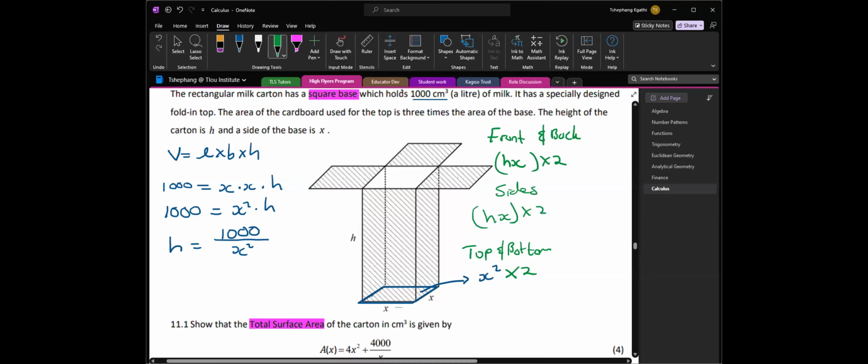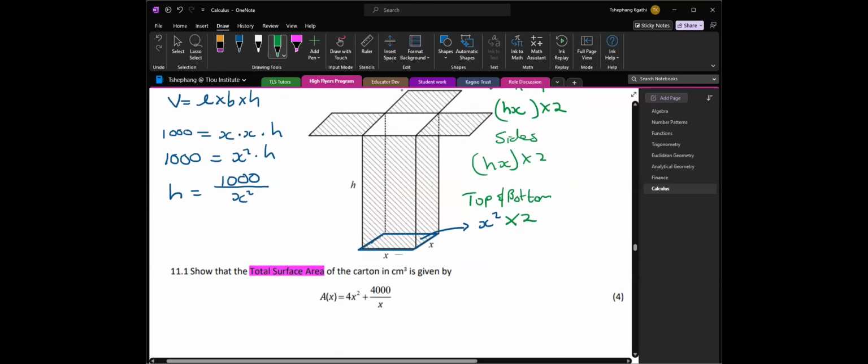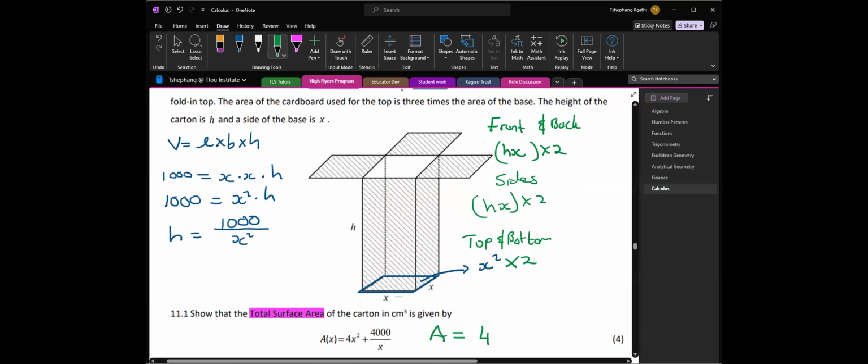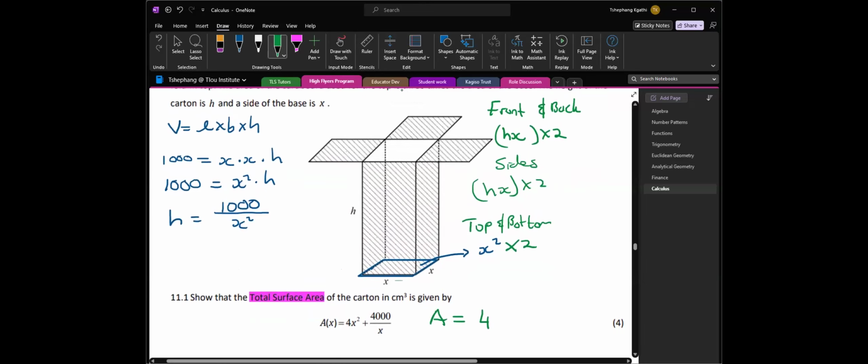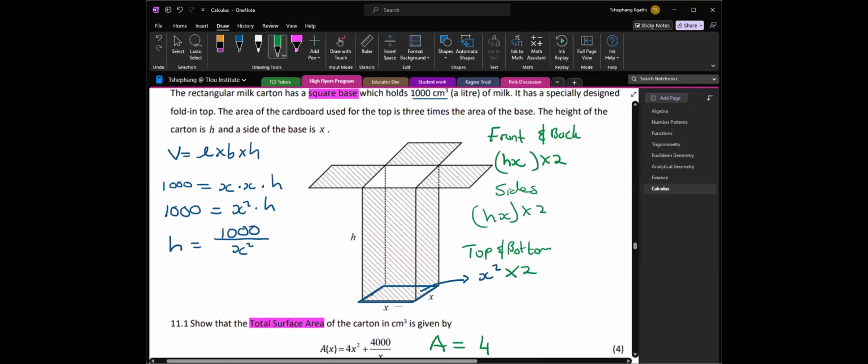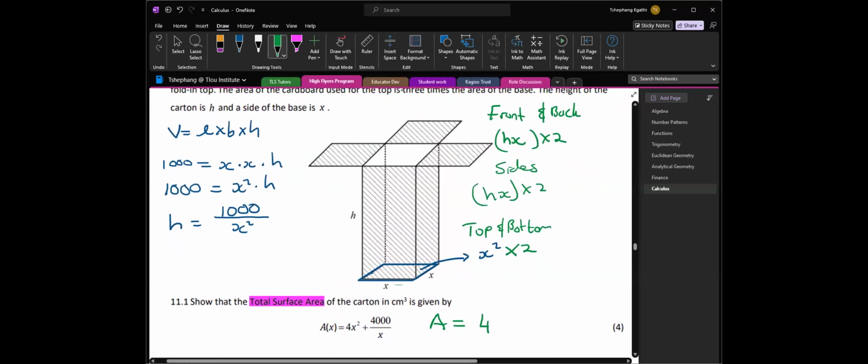Now it means that the total surface area must be 4hx plus 2x squared.